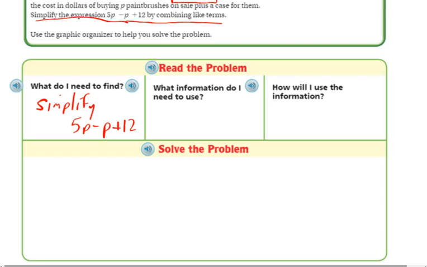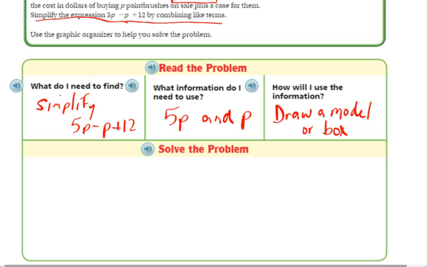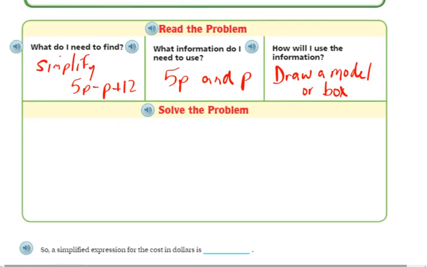What information do I need to use? Well, I'm going to use 5p and p because these are my like terms. How will I use the information? Well, we can draw a model or box. Our choice.